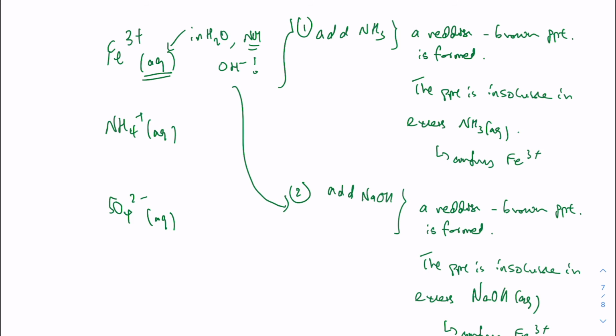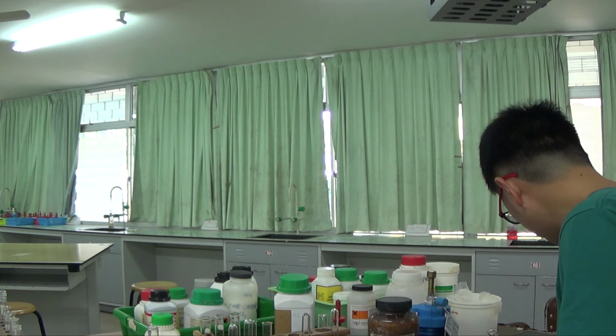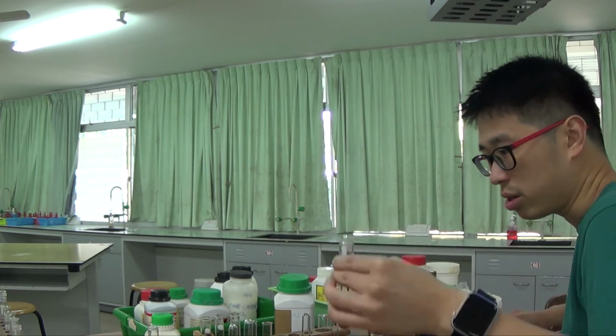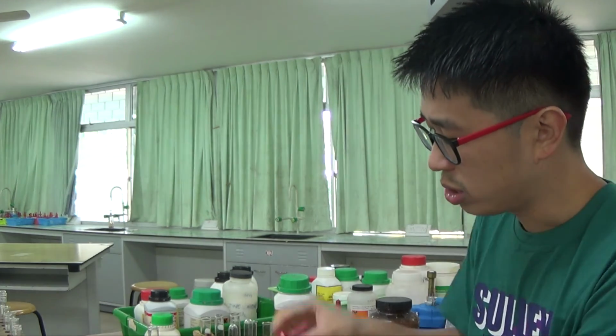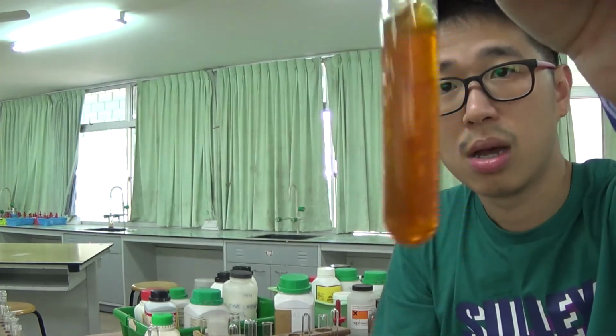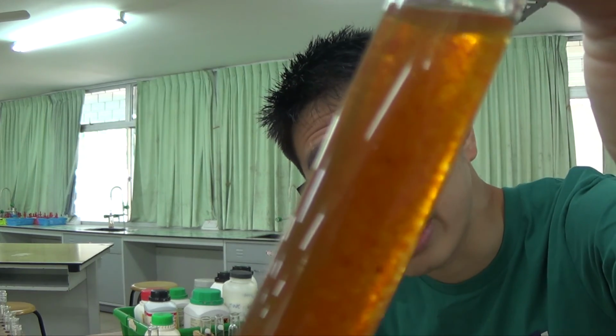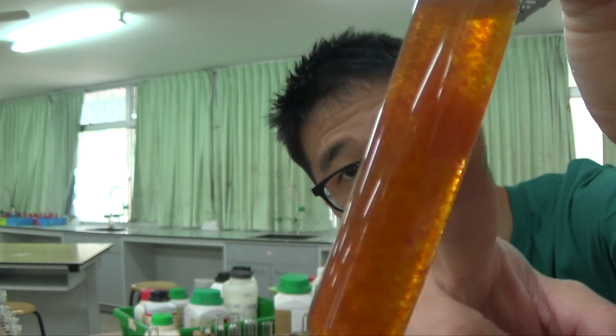Of course it's not going to be NH3, it's NaOH aqueous. I'm just going to add excess sodium hydroxide, which I already showed you on the screen. It will be insoluble as well. It looks like it is a see-through, but I hope you can see, there are little bits and pieces inside.